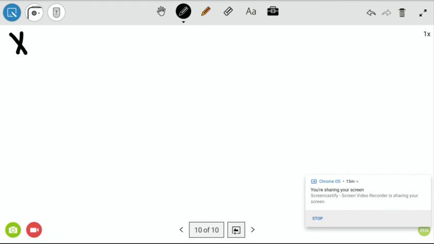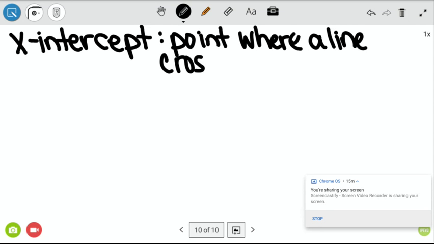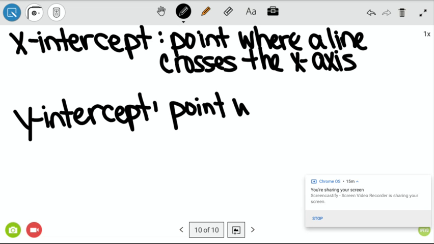So an x-intercept is a point on a graph. It's actually a point where a line crosses the x-axis. And the same thing, the y-intercept is a point where a line crosses the y-axis.